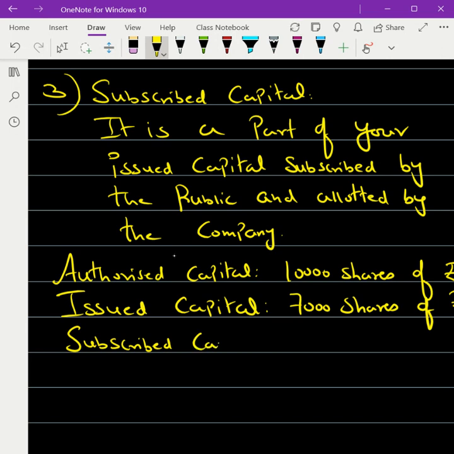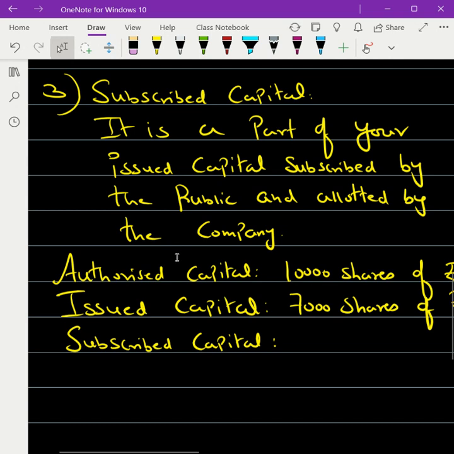So, subscribed capital. When it comes to subscribed capital, just remember three important things. It can be equal subscription, over subscription, or under subscription.